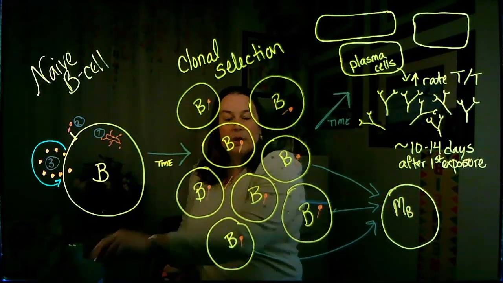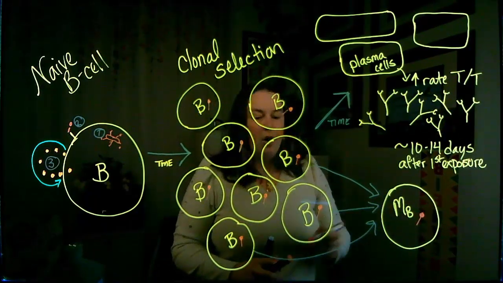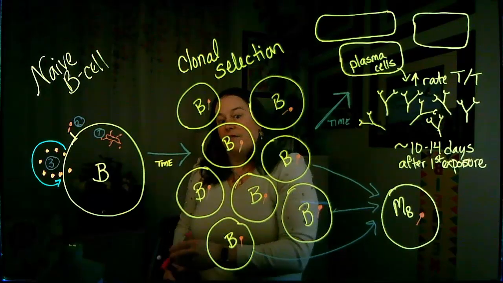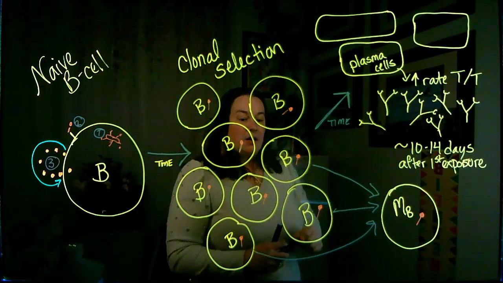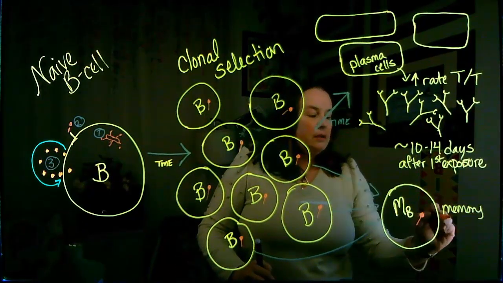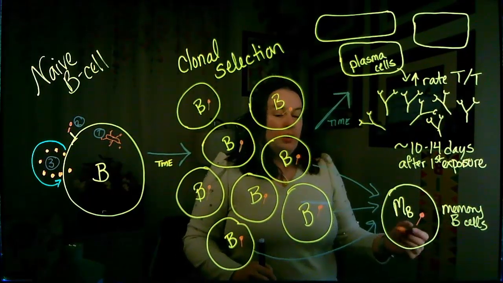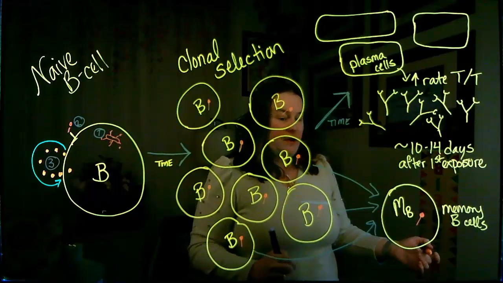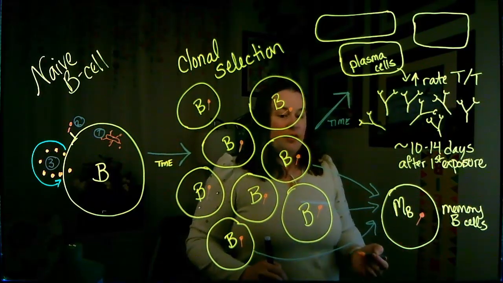And those memory B cells already know about this ball that was determined as the foreign dangerous invader. So this set of cells, these memory B cells, are really critical. And what these memory B cells do is they hang out for the next infection. These guys are really crucial in our second or third or fourth infection.